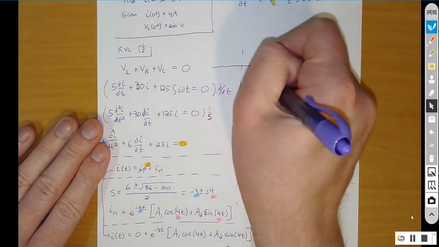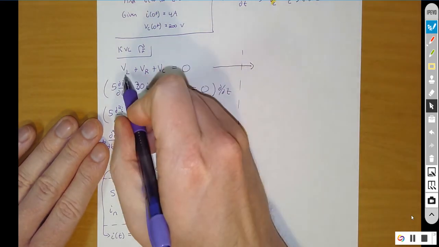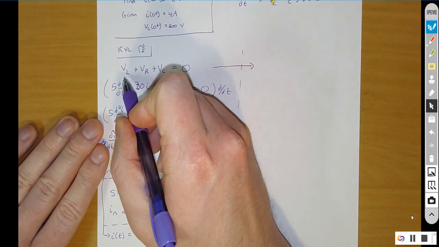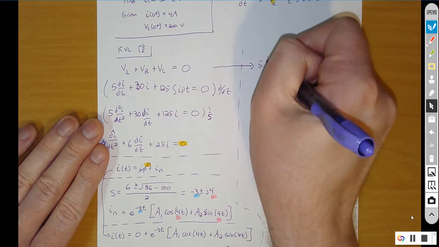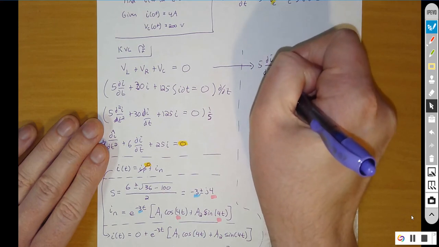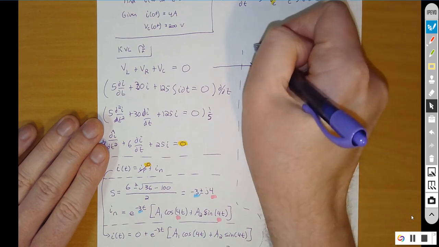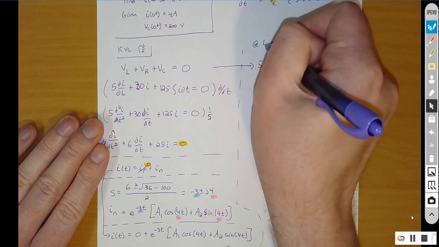Drag this equation over. So I have the voltage across the inductor, which is 5 di/dt. I'm going to do all of this at t equal to 0 plus, by the way.